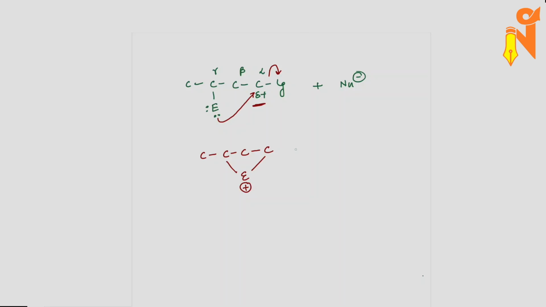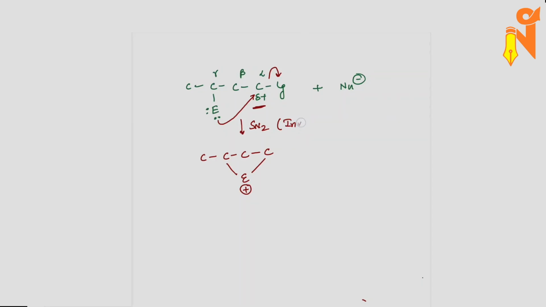Once this 4-membered ring is formed, first of all you understand the attack which has happened from the element E on the delta positive carbon, which is the alpha carbon, and the leaving group went out. This is nothing else but a normal SN2 reaction, but in internal circumstances. Basically within the molecule itself the SN2 is happening. So definitely when the first attack is happening, normally the way SN2 gives you the inversion product, here the inversion will take place.